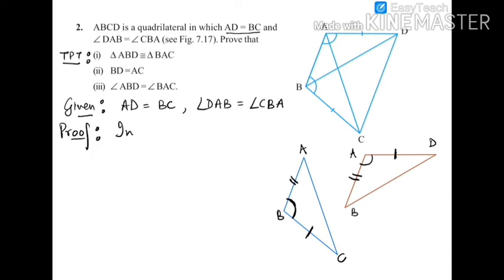We start by mentioning the triangles. In triangle ABD and triangle BAC, AB is equal to AB, reason common side.